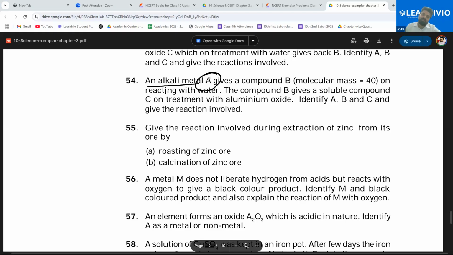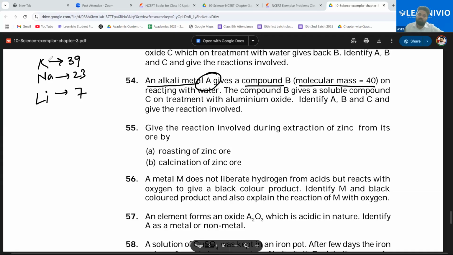Alkali metals A. Alkali metals are potassium, sodium, lithium, the ones in our syllabus. It forms a compound B, whose molecular mass is 40. The mass of potassium is 39, sodium is 23 and lithium is 7.